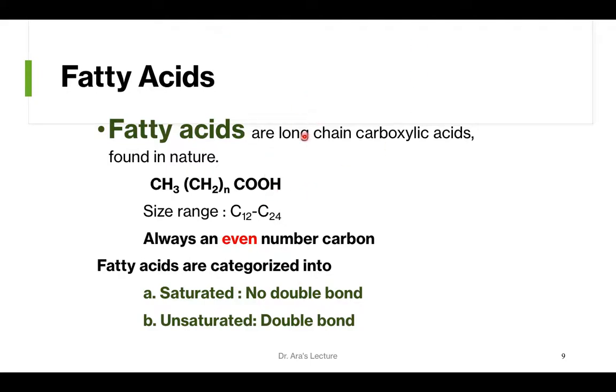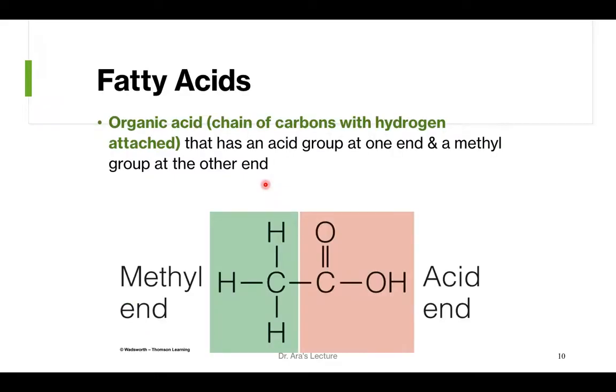So we just saw the structure, and fatty acids are categorized into saturated and unsaturated. Now let's talk about the organic acids: a chain of carbon with hydrogen attached that has an acid group at one end and a methyl group at the other end.